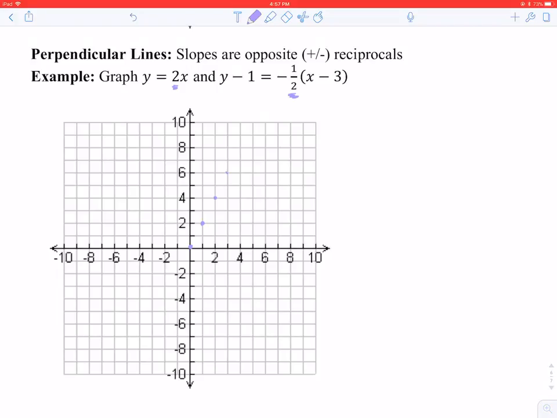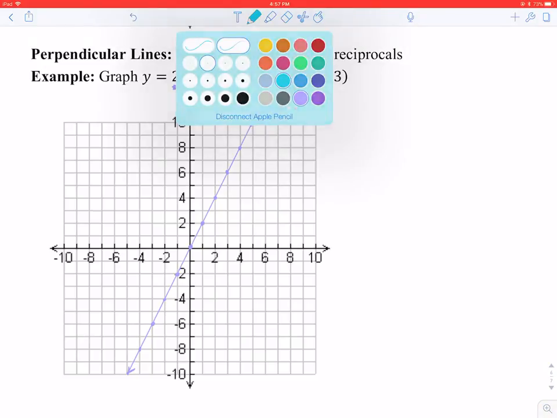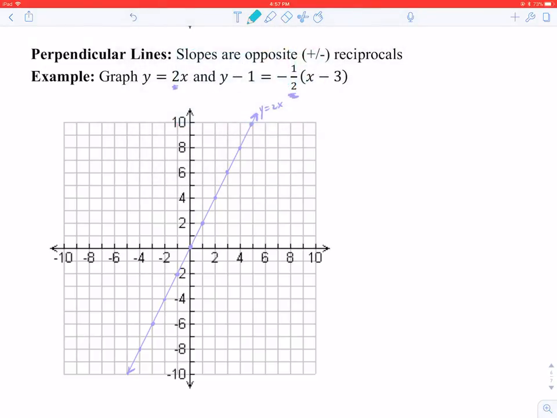So if I graph again, y equals 2x. And then graph the second line, so the point that I'm able to identify from this equation looks like it is 3, 1.